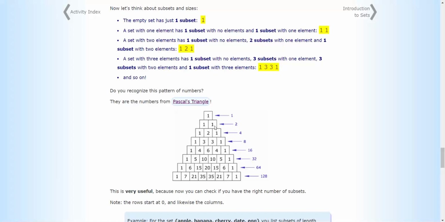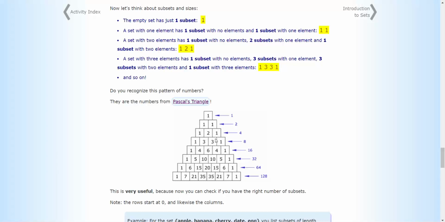Now, if we have a set of 3 elements, so we are on the 3rd level here. A set of 2 elements: in this case, 1 would be the empty subset, and 2 would be 1-element subsets, and the third box here would be 1 subset of 2 elements.